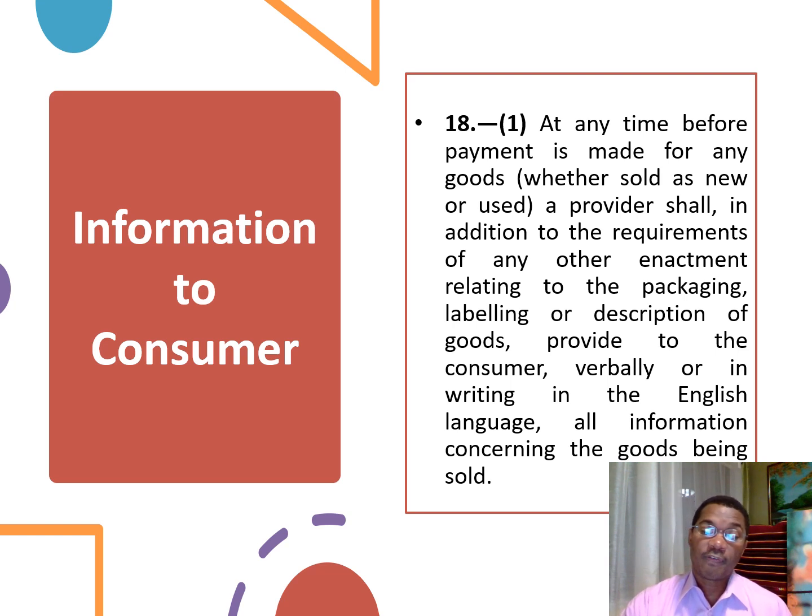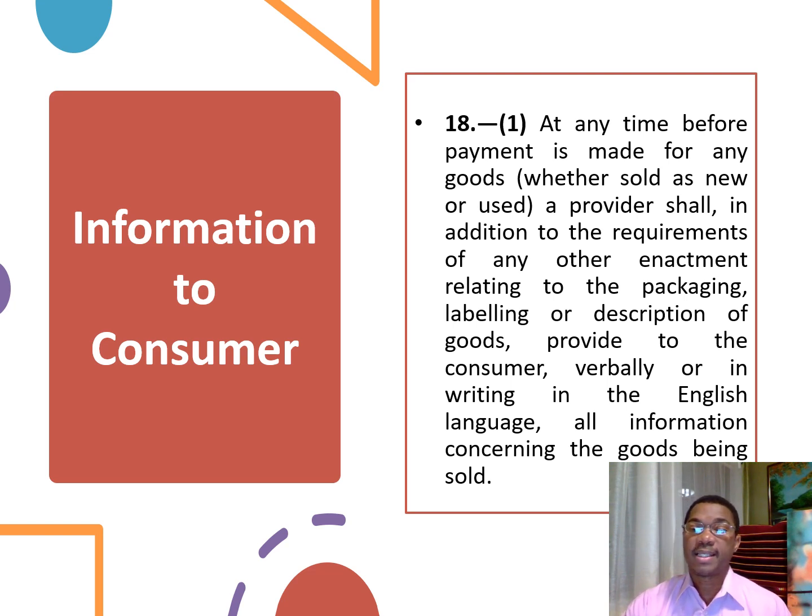So the first line of defense when it comes down to consumer protection is the provision of information, and that is found in Section 18, subsection 1 of the Act. And as you can see on the screen, when we look at Section 18, subsection 1, it speaks about the provision of information.